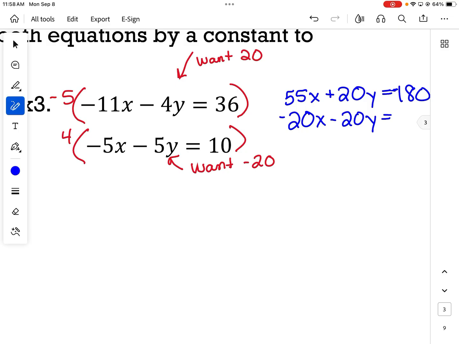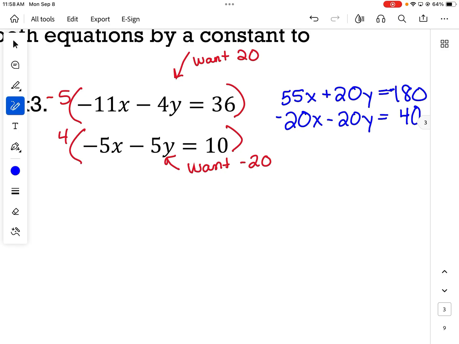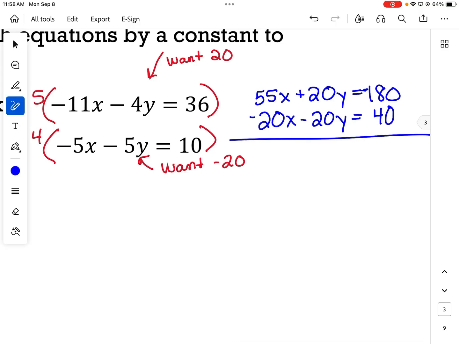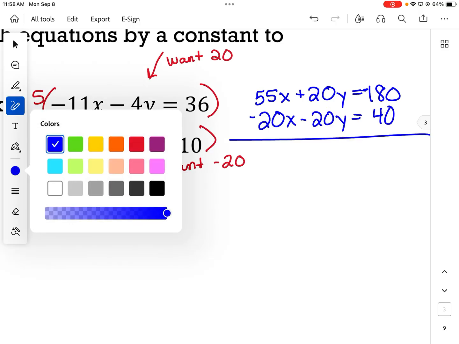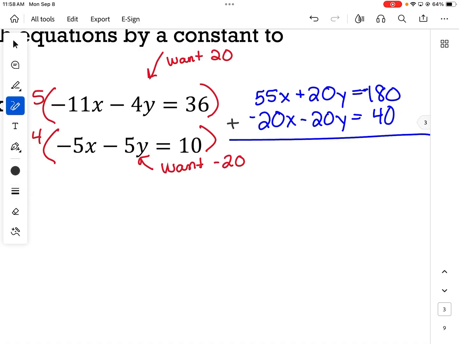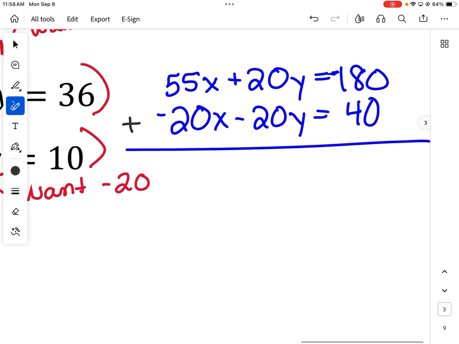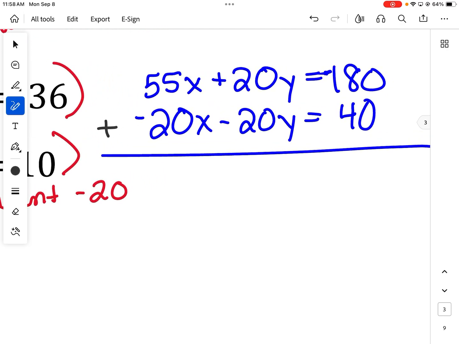And then 4 times 10. 40. So I'm going to add these up. Remember we wanted the y's to cancel out? I have a 20y and a minus 20y. So those do cancel out. So that's good.